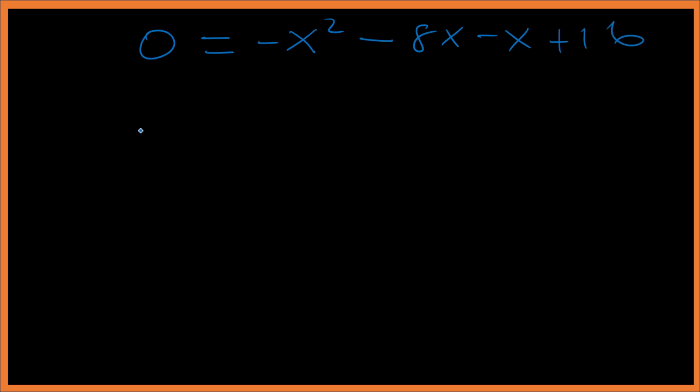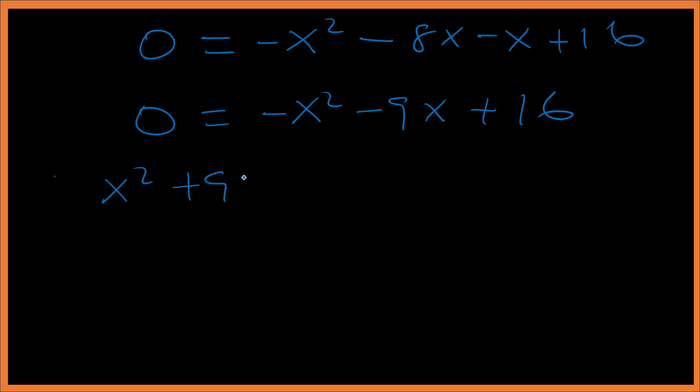Okay, so 0 equals x squared minus 9x plus 16. Let's bring everything to the left. That will be x squared minus 9x plus 16 equal to 0.